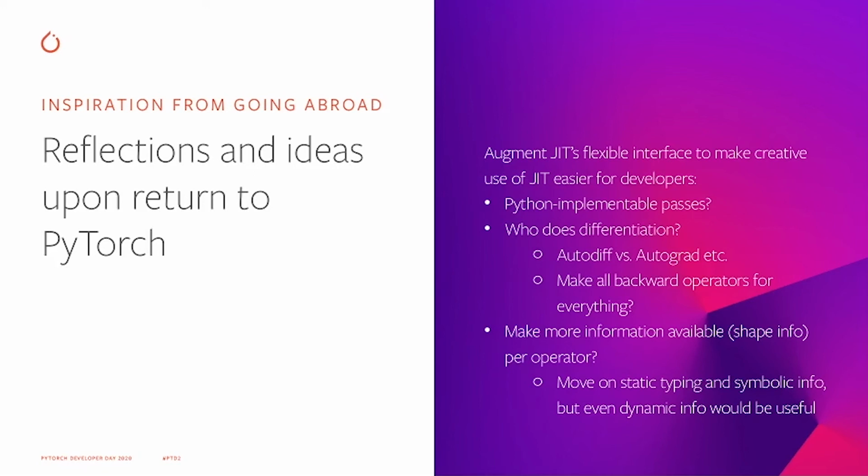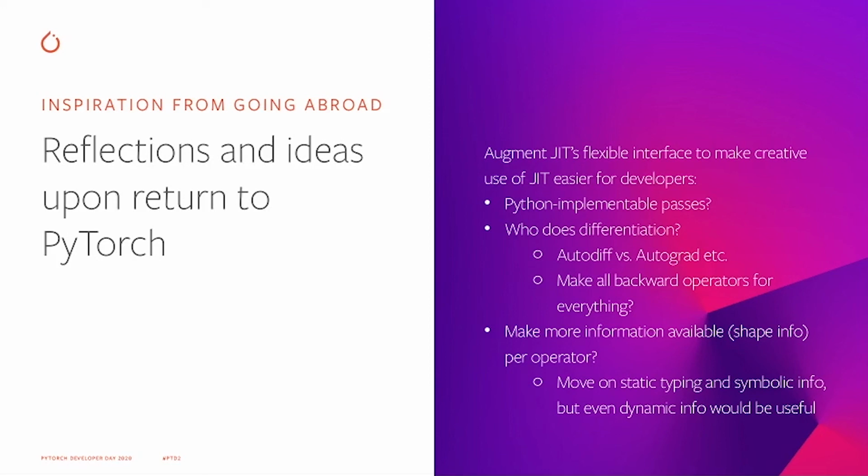Furthermore, we might have things that make it easier for developers to do creative things with the JIT. And so one thing would be Python implementable passes. In a way, the FX module seems to be an advertisement, and this might be a neat feature. And then there's the question, who does differentiation?